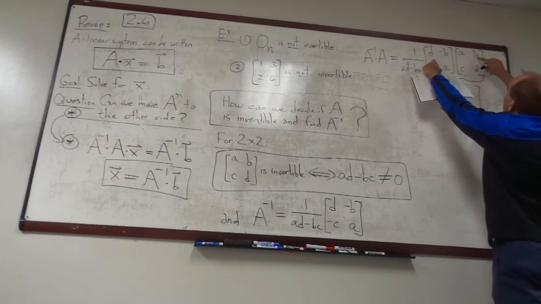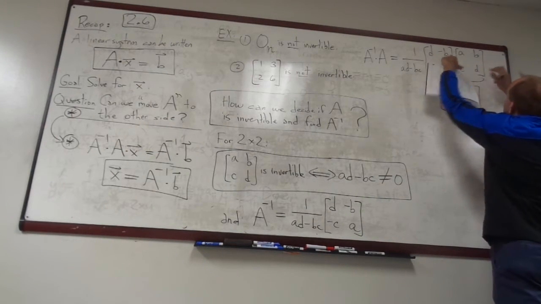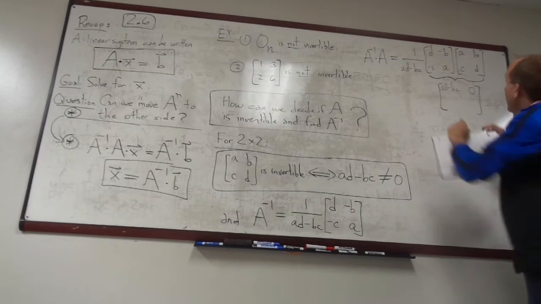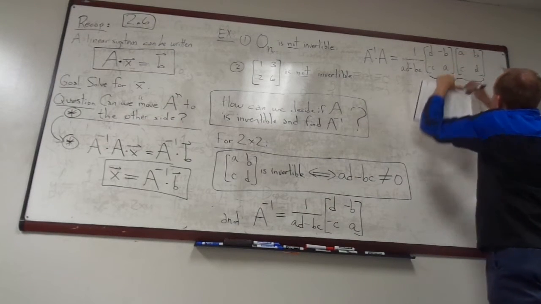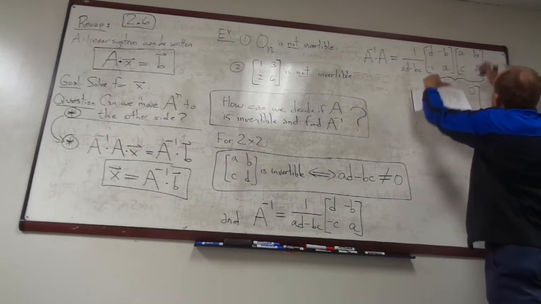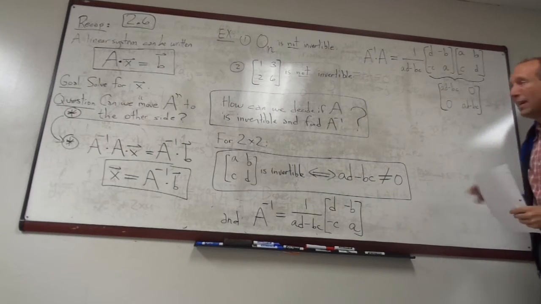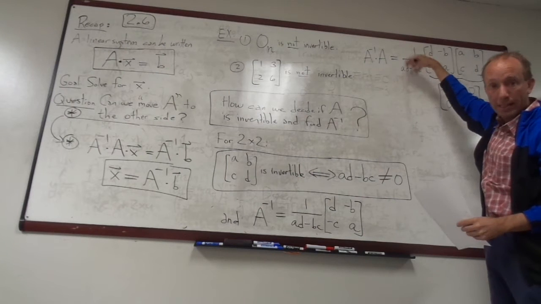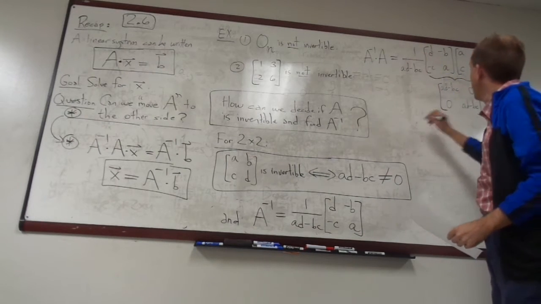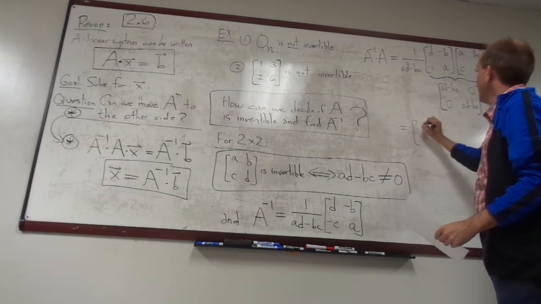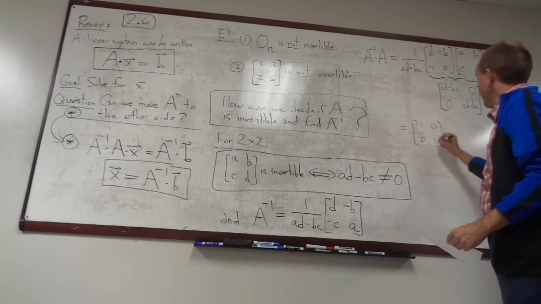What's the upper right corner? You see I have BD minus BD. And the lower left corner, negative AC plus AC. And then the lower right corner is also AD minus BC. You see? And once I divide by this constant out in front, I'm just going to get the identity matrix.